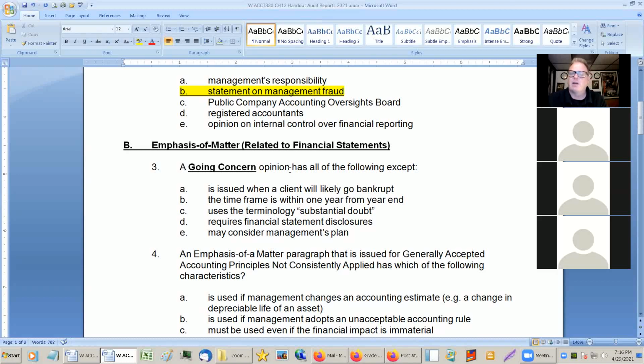So a company is having trouble, going bankrupt, they make the financial statements. Can that be done? Can they make their financial statements correctly? What do you think? Yes or no? No. They actually can. They're going to look terrible, right? But they actually can make their financial statements correctly.